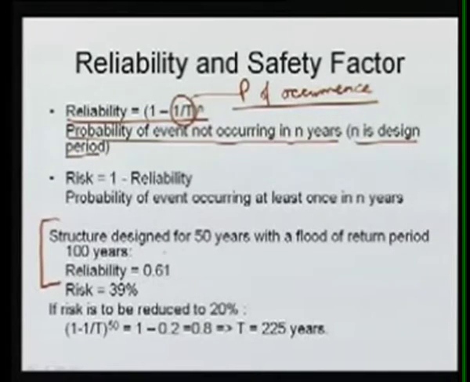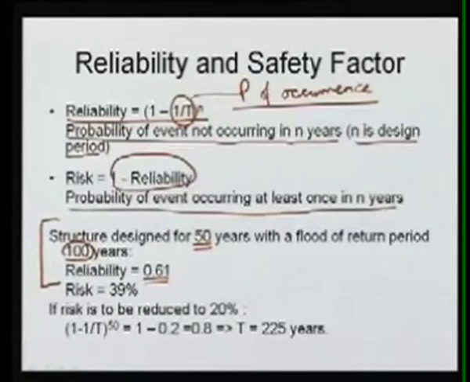So using n equal to 50 and T of 100 years, we get a reliability of 0.61, which means the risk, which is 1 minus reliability, that is the probability of the event occurring at least once in n years, or the probability of failure of the structure, will be 39%.